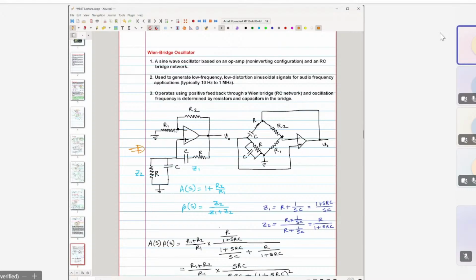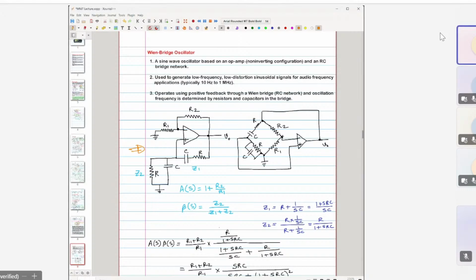You can see here the non-inverting terminal is grounded through a resistance R1, and we have also used R2 connected with the output. Between this output and the positive terminal, the non-inverting terminal, we have connected an RC combination in series, right? And another RC in parallel, we have also used here.